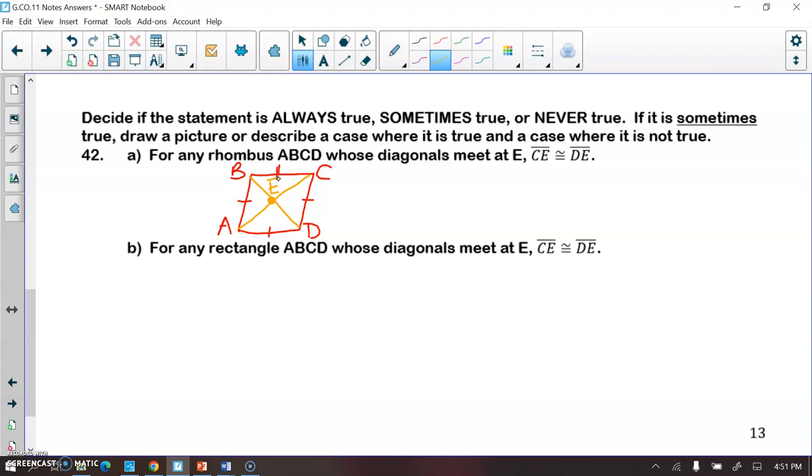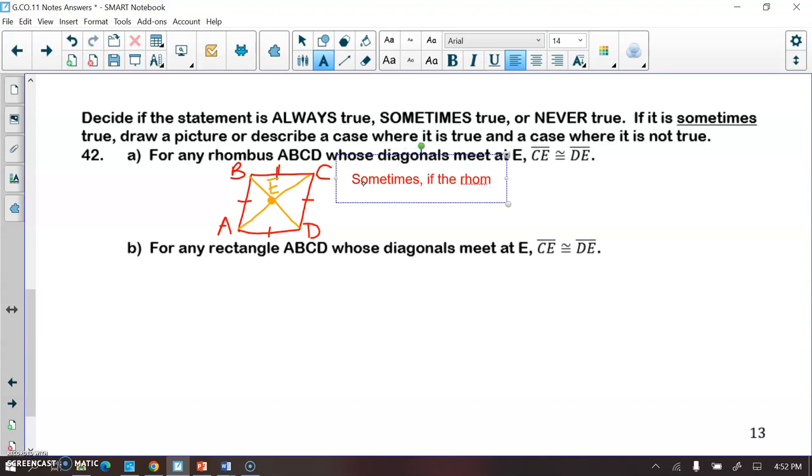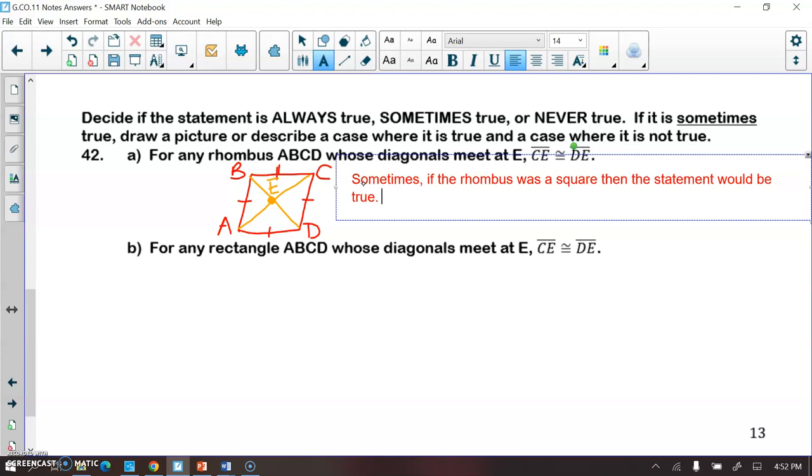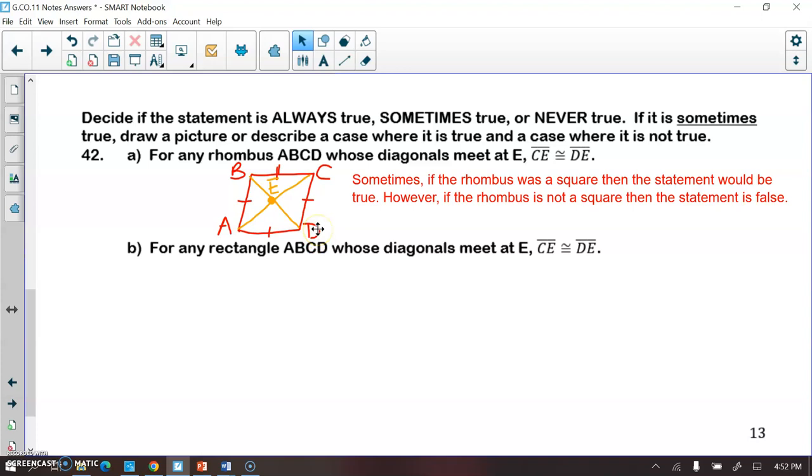Now, this only happens when your rhombus is a square, because the diagonals are not necessarily congruent on a rhombus.